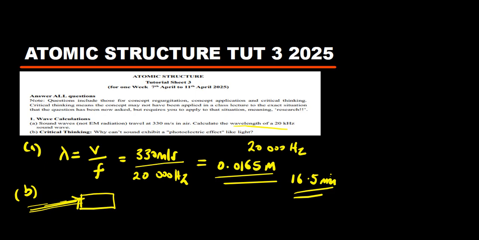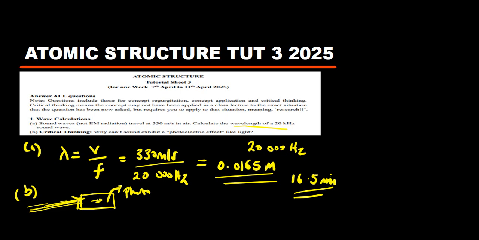When they hit a metal above the threshold frequency, electrons will start to be released from that metal. As you increase the intensity of the light, more electrons are released.